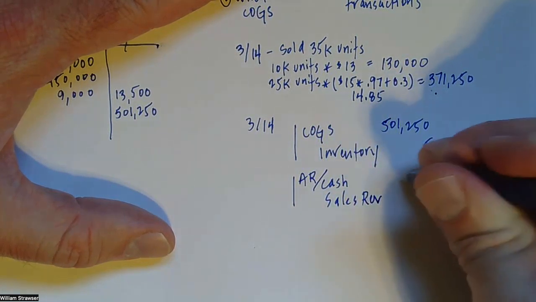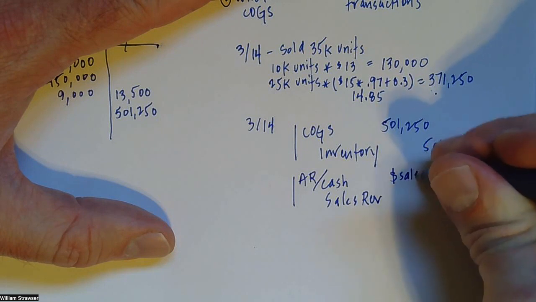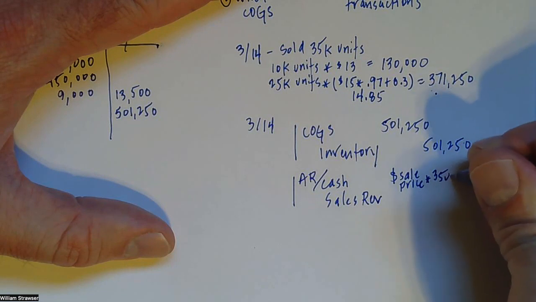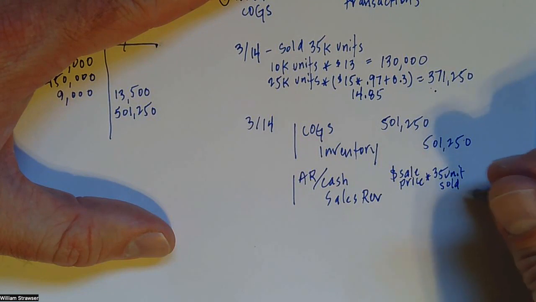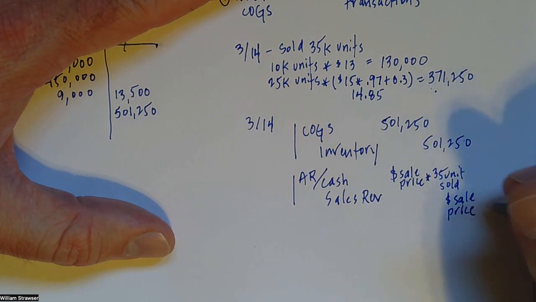And what we would record, of course, would just be the dollar value of the sale price multiplied by the 35,000 units sold. Make sure that you understand that the sale would be recorded. Some people have asked, when do I record a sale here too? And I'm like, absolutely.